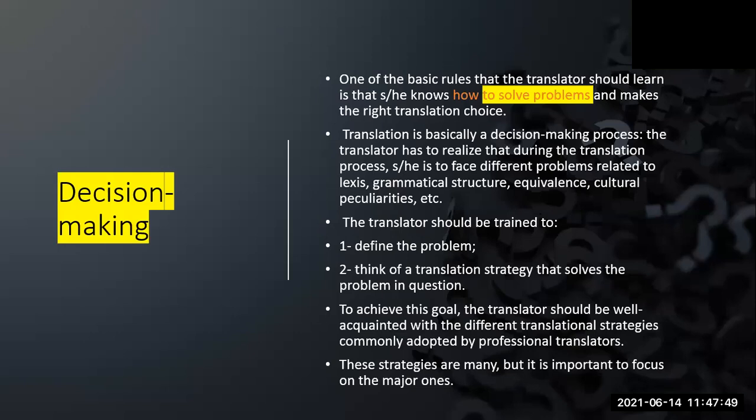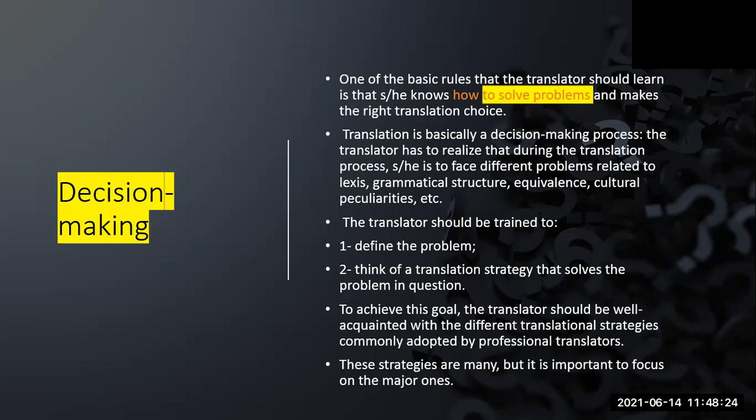Now, you know that when you are translating a text, you will encounter some problems. Now, a professional translator must know how to solve these problems and how to choose the best solution. In other words, translation is about decision making.